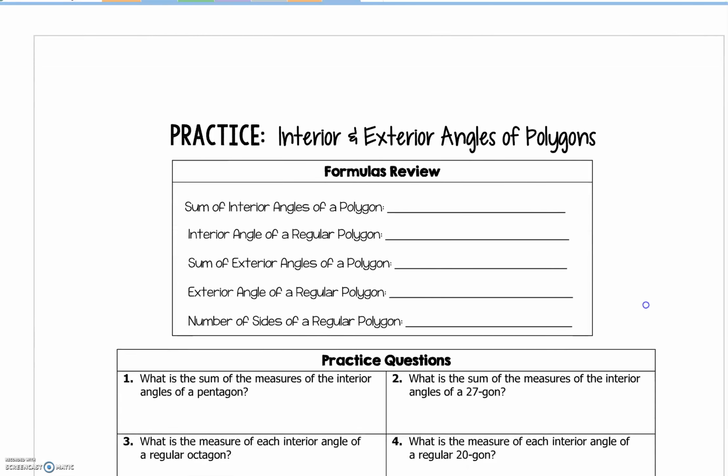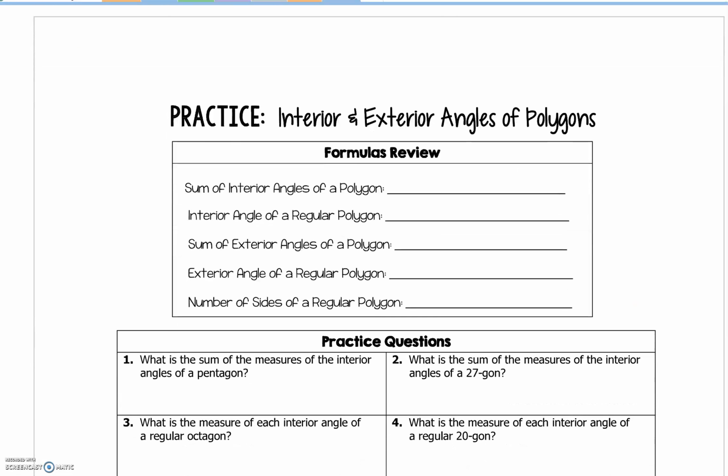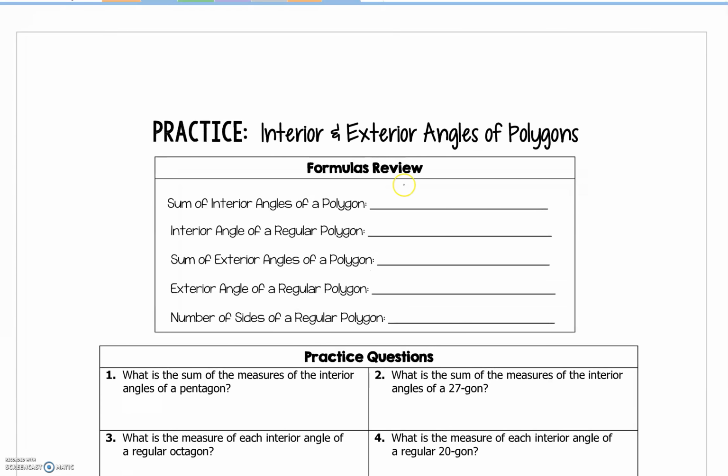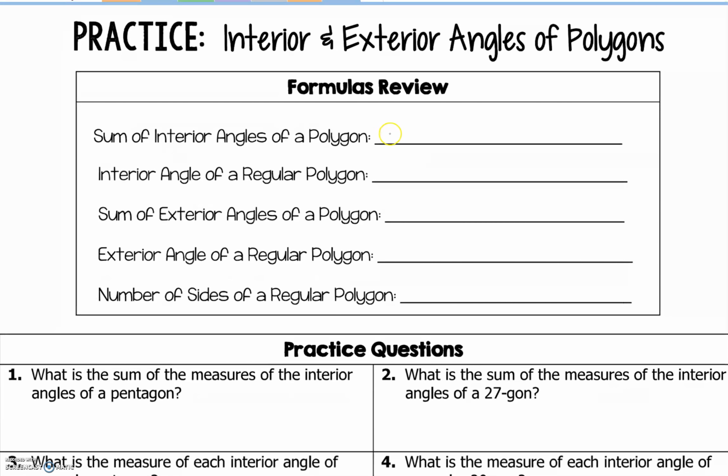Okay, so going back to 6.1. 6.1 was just solving for interior and exterior angle measures of polygons and sides of polygons. There are some formulas that we use to do those. First one, the sum of the interior angles of a polygon, which is often referred to as just a capital S, is (n minus 2) times 180 degrees.